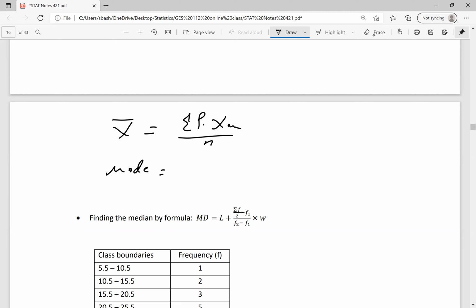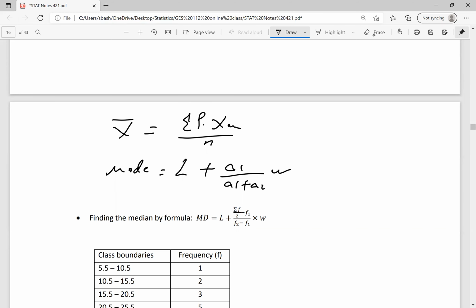And we said the mode can be found by two methods, by the formula which is equal to L plus delta 1 divided by delta 1 plus delta 2 times the value, where L is the lower boundary of the modal class, delta 1 is the difference between the modal frequency and the frequency just above that one, and delta 2 is the difference between the modal frequency and the one under that one.